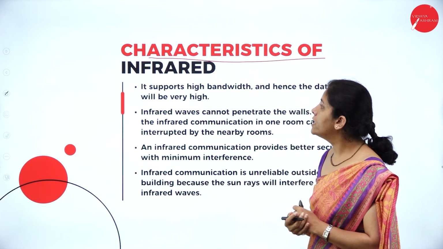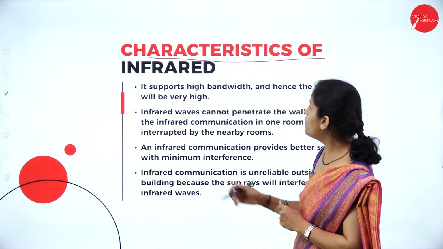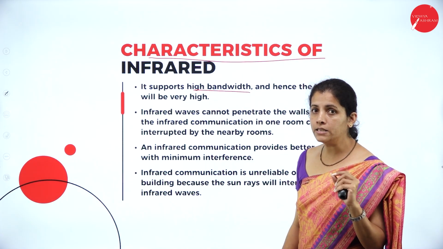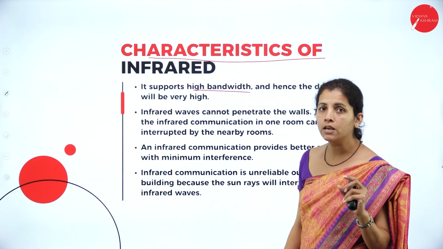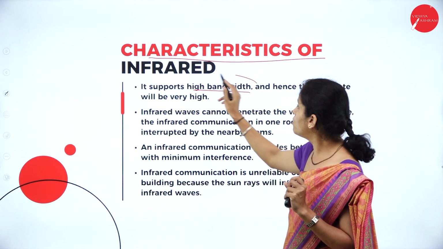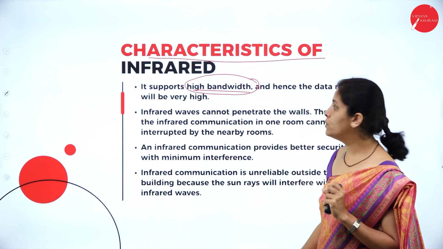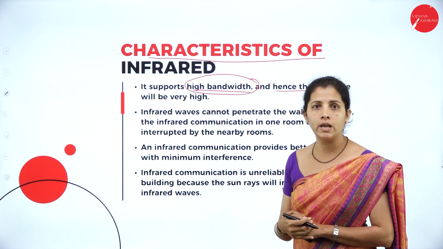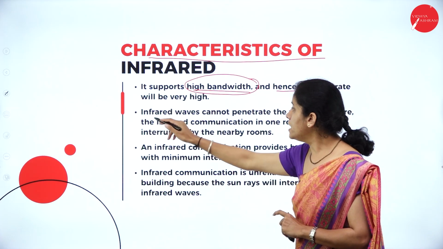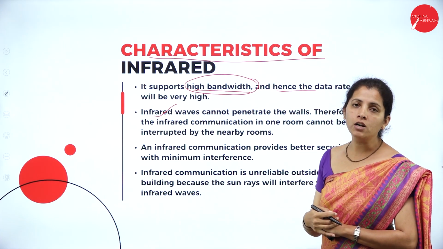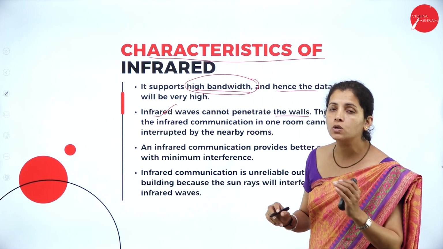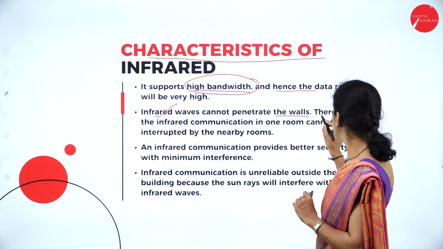Now, characteristics of infrared. It supports high bandwidth. The capacity of data rate is very high. So it provides high bandwidth and hence the data rate is very high. Infrared waves cannot penetrate the walls, in the sense, cannot cross the walls.